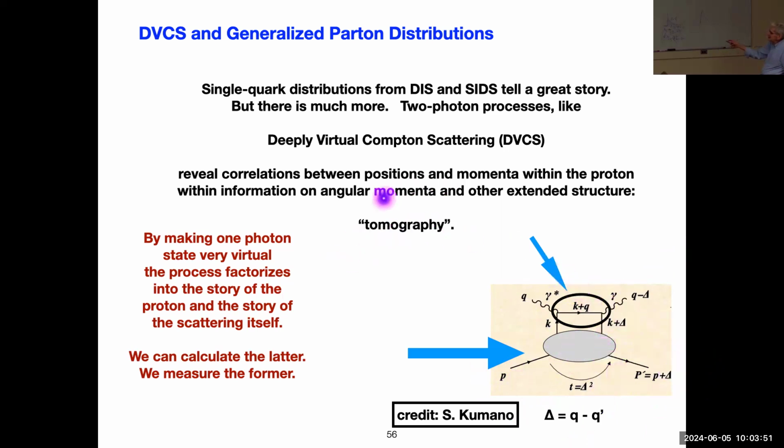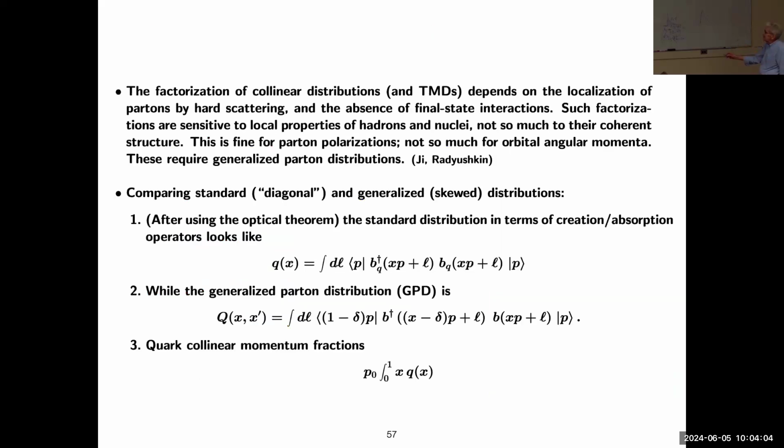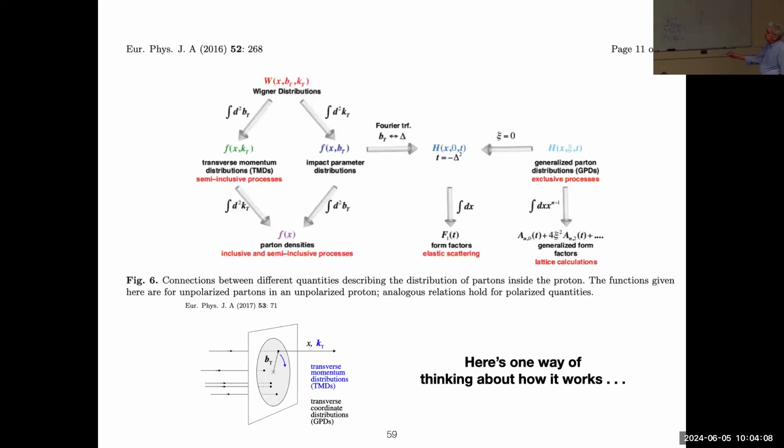And this leads us to the idea of looking not just at a single point or parton, but at the extended structure of the nuclei. And you can do that, and let me just show, I'll skip all this.